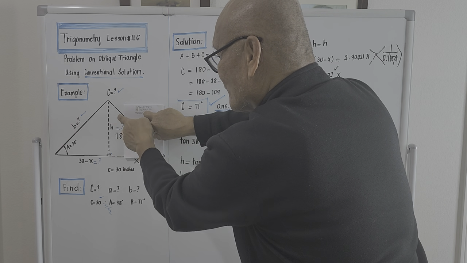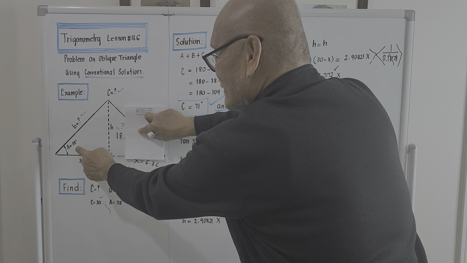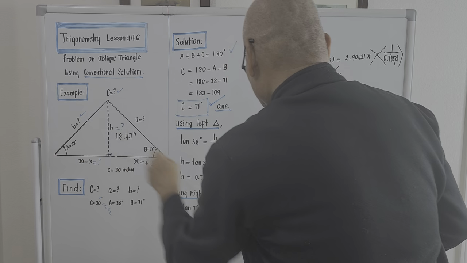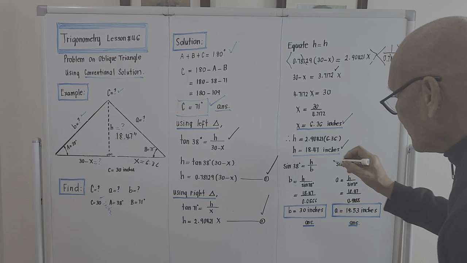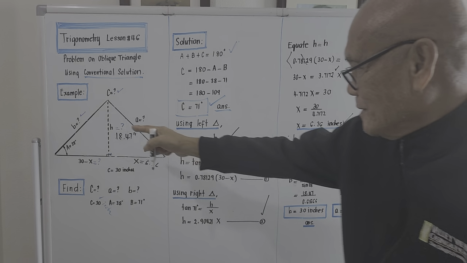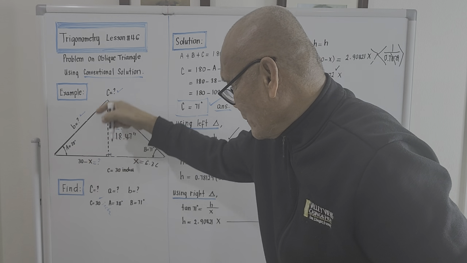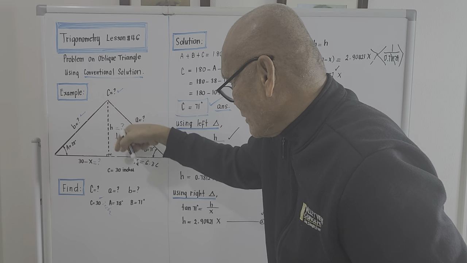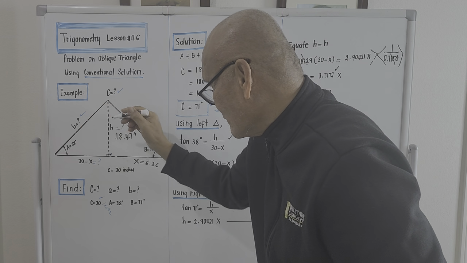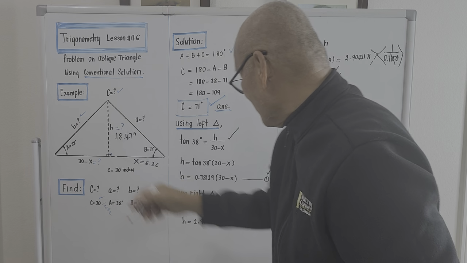So the relationship of h and b is actually sine, considering 38 degrees. The sine of 38 degrees will be the height computed divided by the hypotenuse.